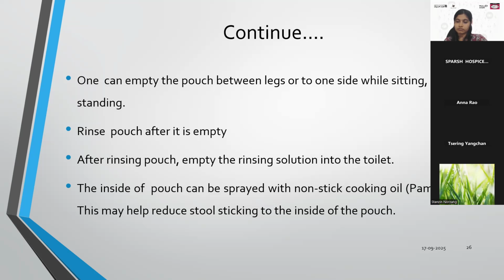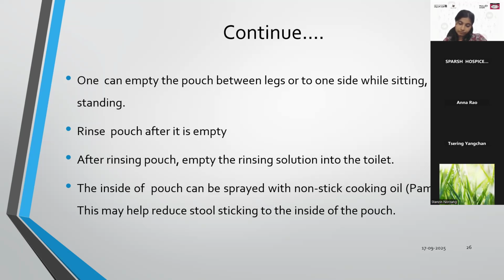Then while reapplying, they can spray non-sticking cooking oil, and then apply. They may have to keep two pouches ready. Generally there are two types of pouch. One is which can be worn for a longer period of time, and another one is disposable type.